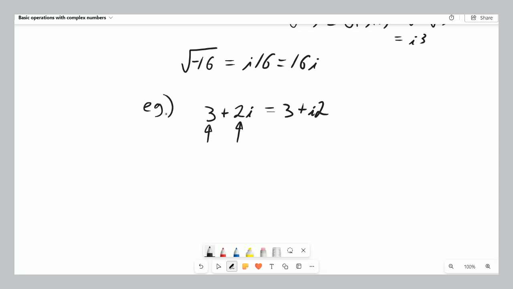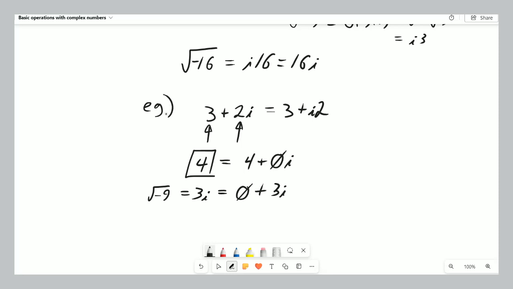So let's say you just have a number 4. Well, you could say that its imaginary component is 0 because that equals 4 plus 0i. If you have 3i, which is the square root of -9, well, you could say that its real component is 0 because that's 0 plus 3i.